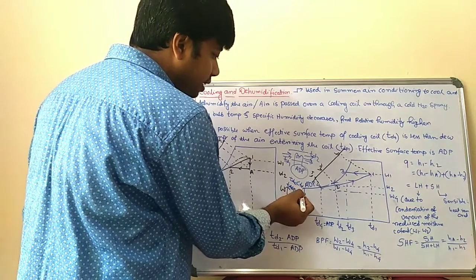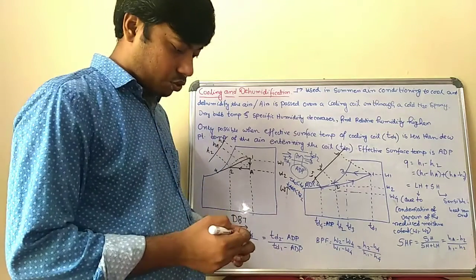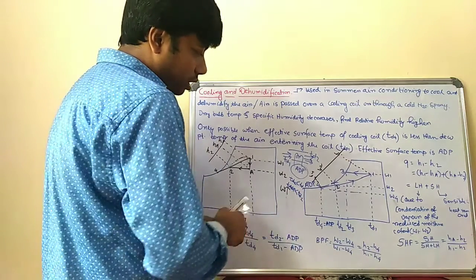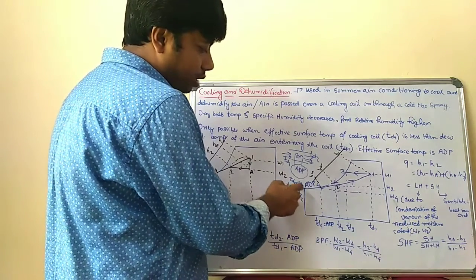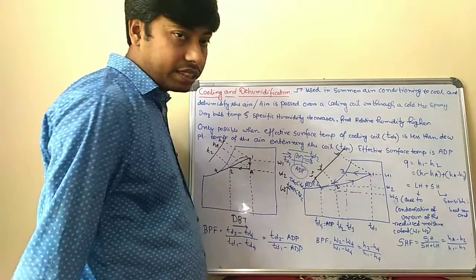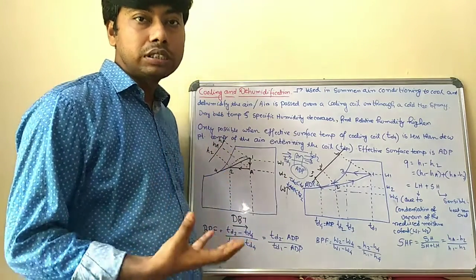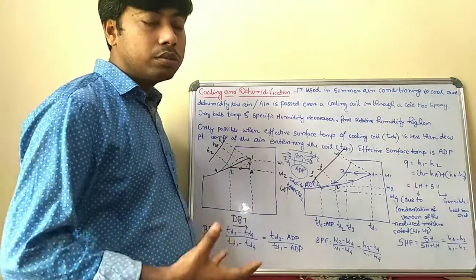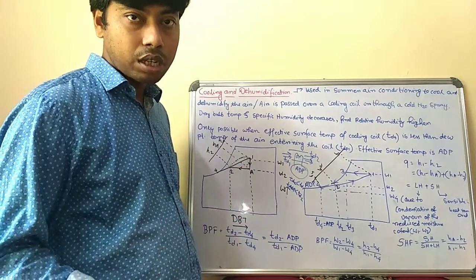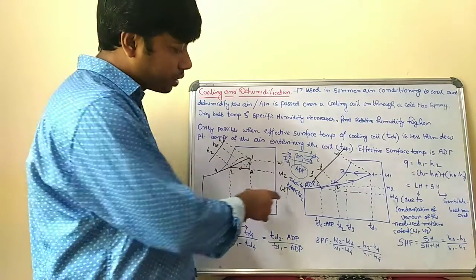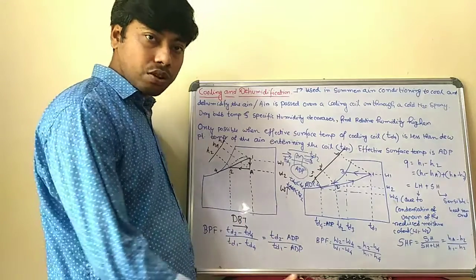should be less than TD2, because only if this condition is satisfied is it possible to form condensation and remove moisture from the air. So TADP must be less than TD2, otherwise not.